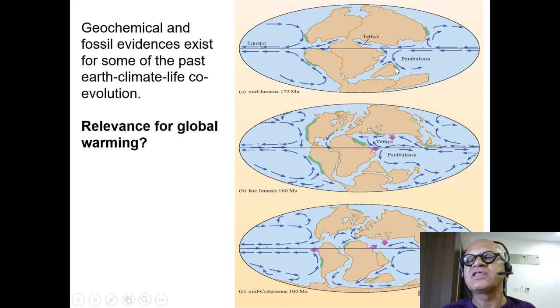And you can see that there were strong shelf areas, coastal upwelling areas, which are critical because they would have played a role in colonizing land. For example, an algae that was photosynthesizing in the ocean would have colonized land probably through the upwelling regions and with the sea level change and so on.